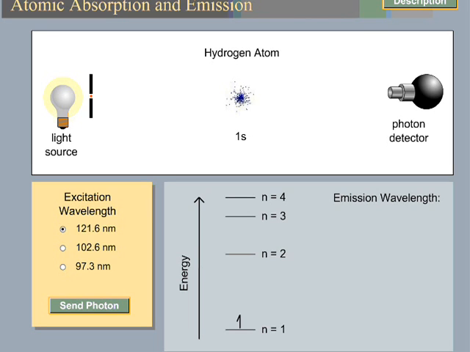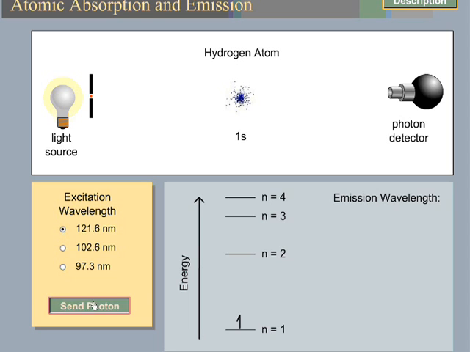So over on the left there's a light source, and we can control the wavelength of that light source. So I'm going to set it at 121.6 nanometers. Remember that 121.6 nanometers compared to 102. Well, we'll just do it with the 121.6 nanometers to start with.